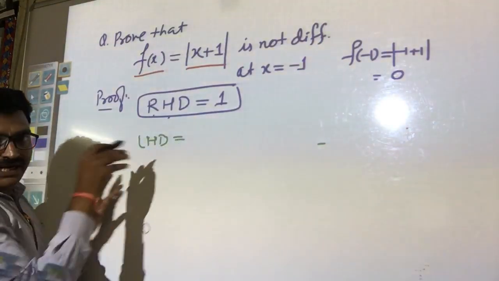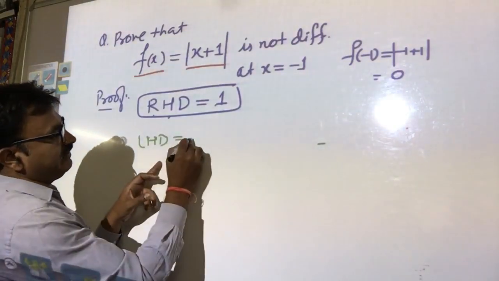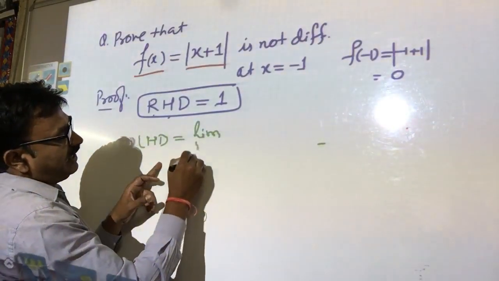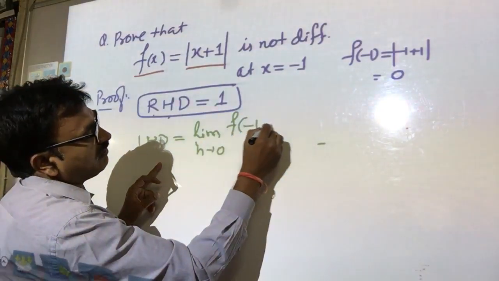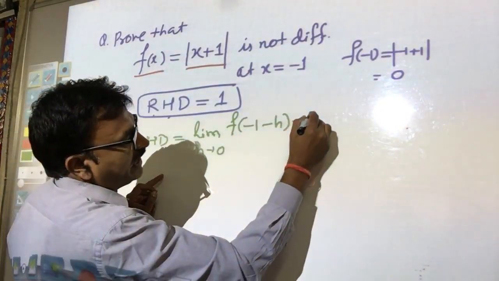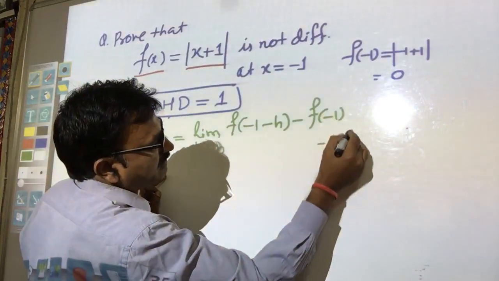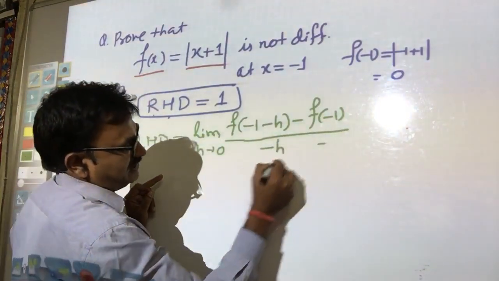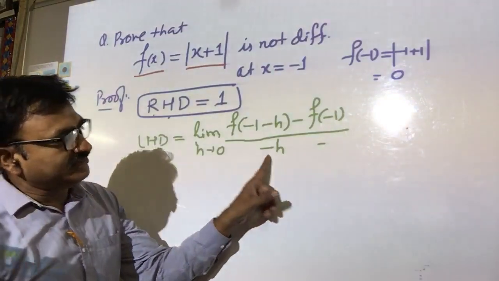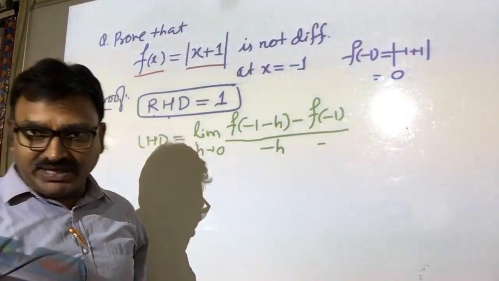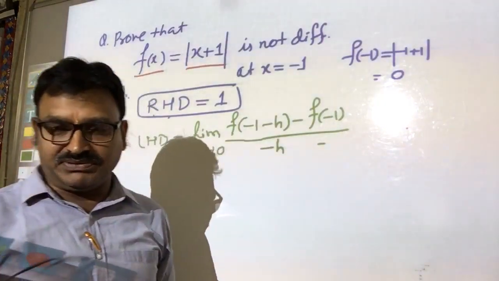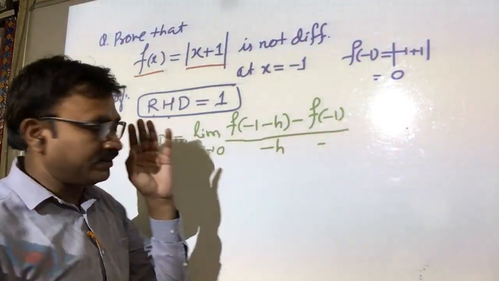First we will write the formula for the left hand derivative: limit h tends to 0, f(-1 minus h) minus f(-1), divided by minus h. This minus h is very important. When we find the left hand derivative, minus h will be in the denominator. You should always remember this.